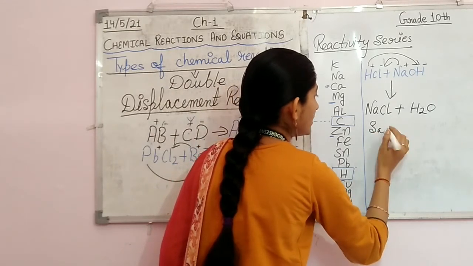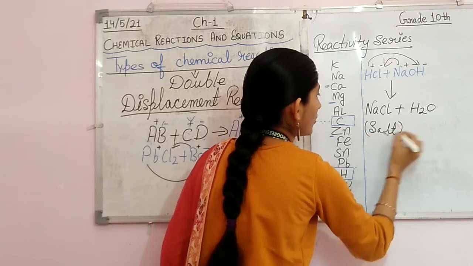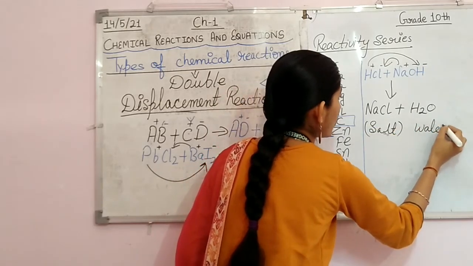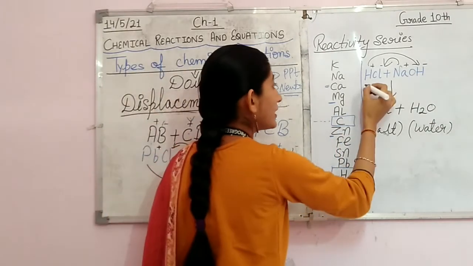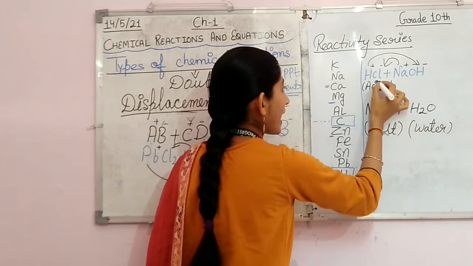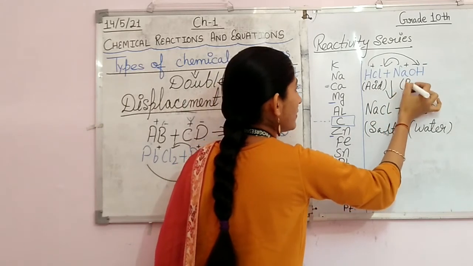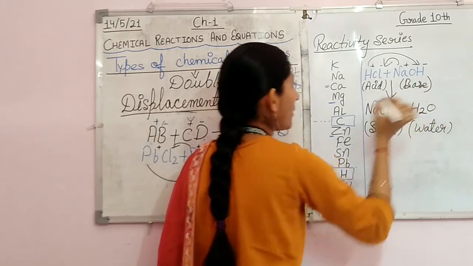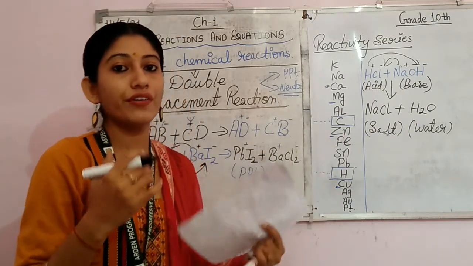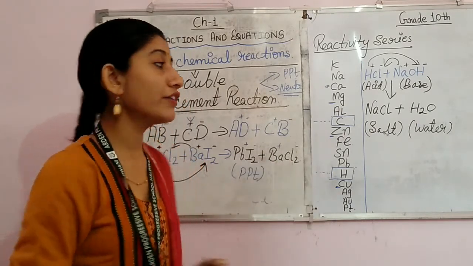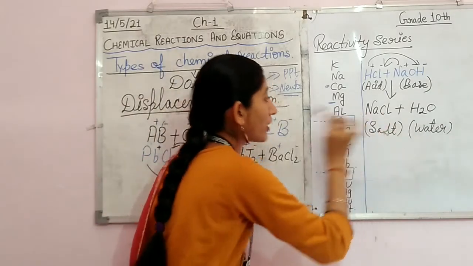NaCl is a salt and H2O is water, and this is called a neutralization reaction because the things we have taken are an acid and a base. When we combine acid and base, it forms a neutralization reaction and the products formed are salt and water.